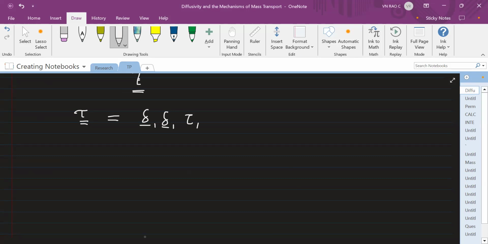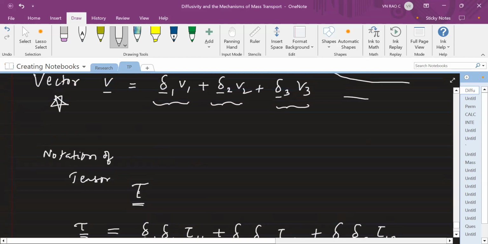Tau 1 doesn't make sense. So this should be tau 1 1. So delta 1 delta 1 tau 1 1 plus delta 1 delta 2 tau 1 2 plus delta 1 delta 3 tau 1 3.